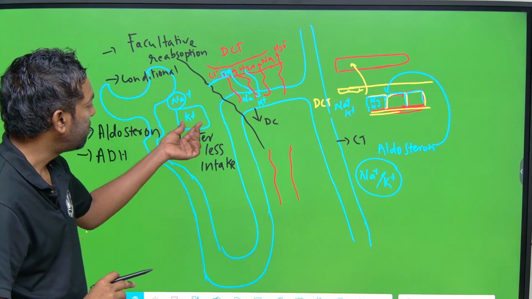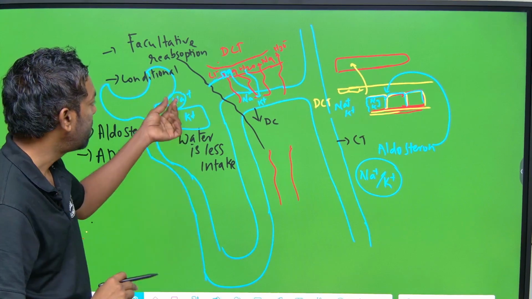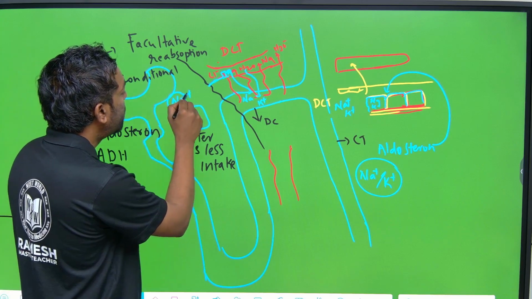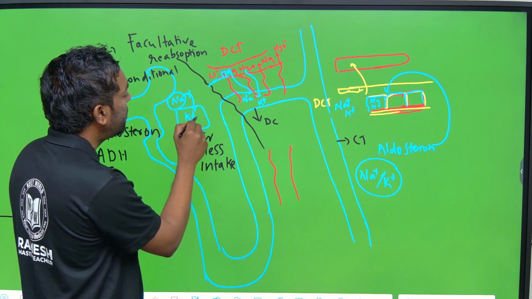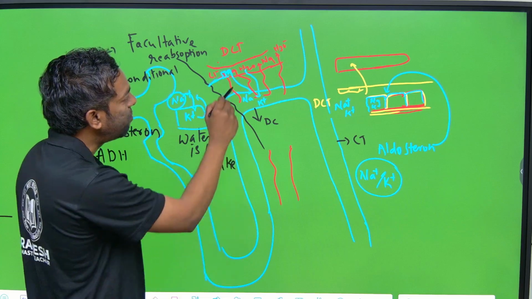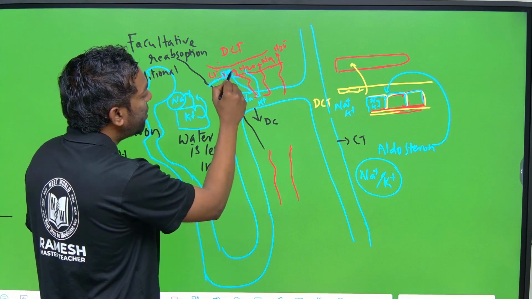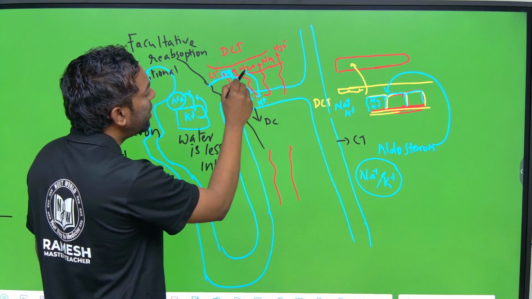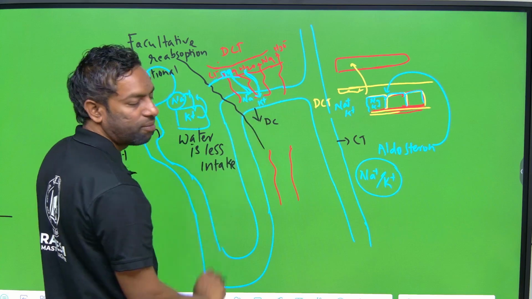Sodium is always trying to enter the cell, and potassium is always trying to exit. Coming to the blood vessel, sodium is always trying to be absorbed and potassium exits out.